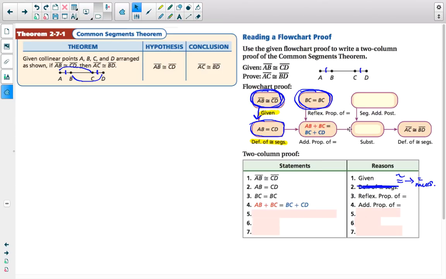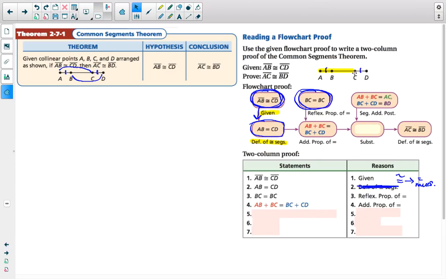Next, the arrow goes this way, but it also comes down from this way, which means that this is our next step. So the segment addition postulate tells us that AB plus BC has to equal the whole. So part plus part equals the whole.